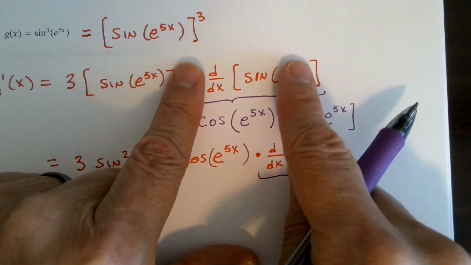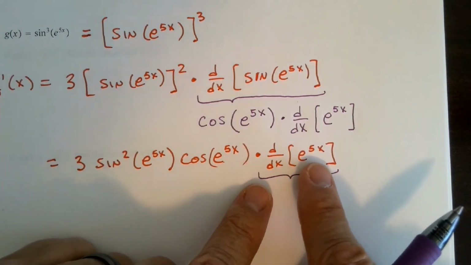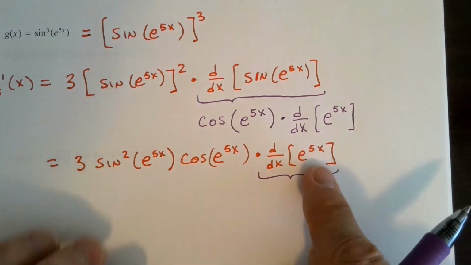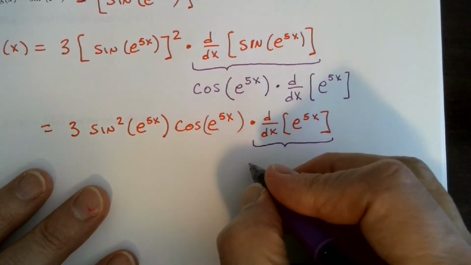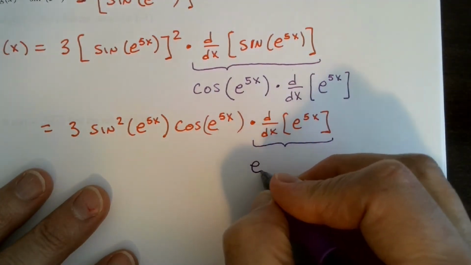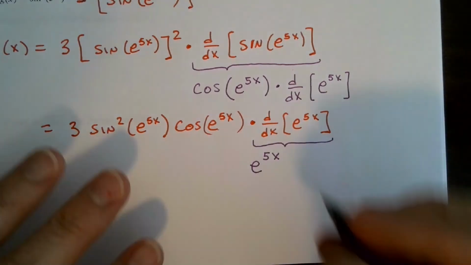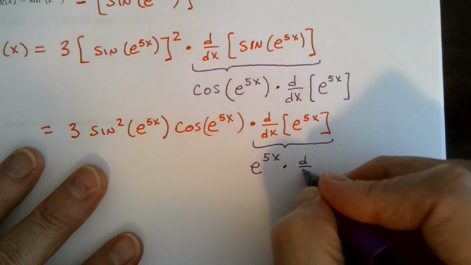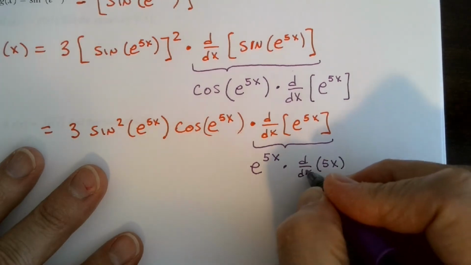Sine is the outer function, derivative of sine is cosine, times the derivative of the inner. And then when I take the derivative of this inner function here, it's chain rule again. I've got e to the u, right? So it's the derivative of the outer function, e to the u, times the derivative with respect to x of the inner function, which is 5x, right?